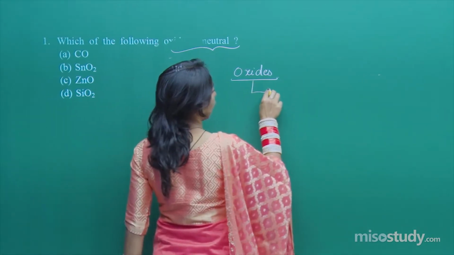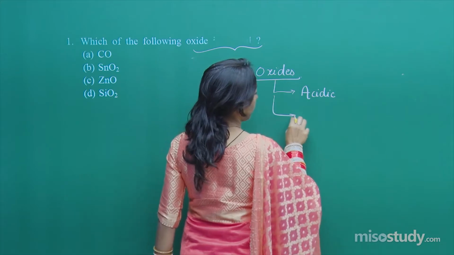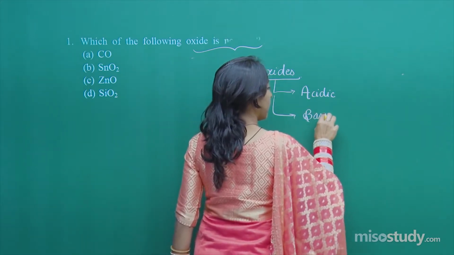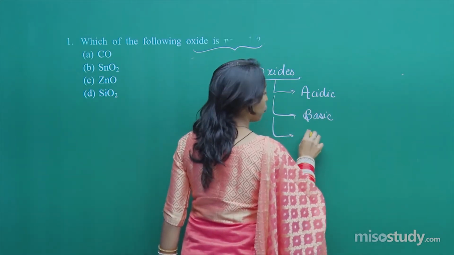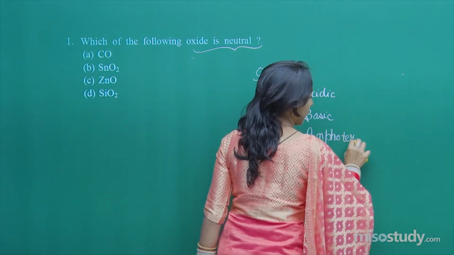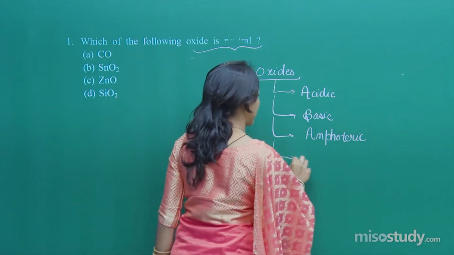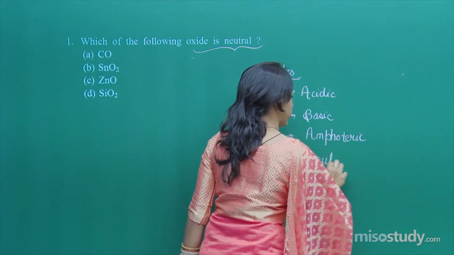You may be talking about acidic, basic, or amphoteric oxides, and the 4th type asked in the question is the oxides which are neutral.